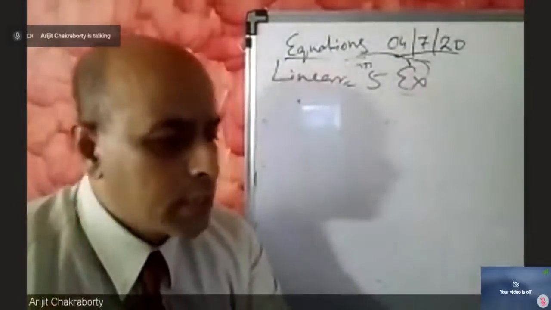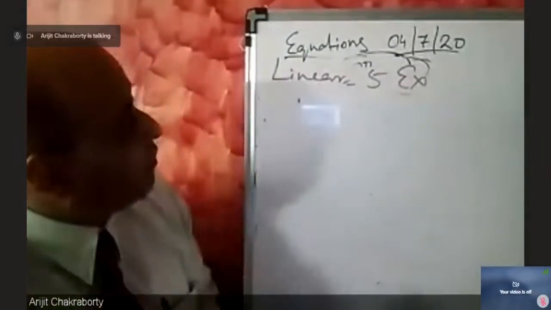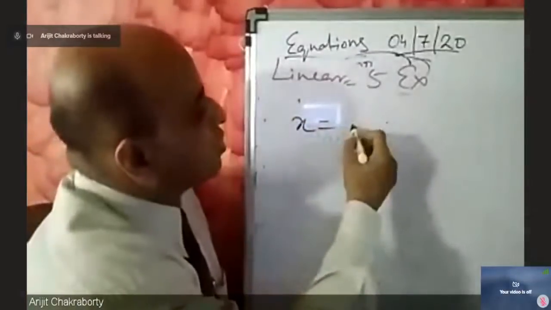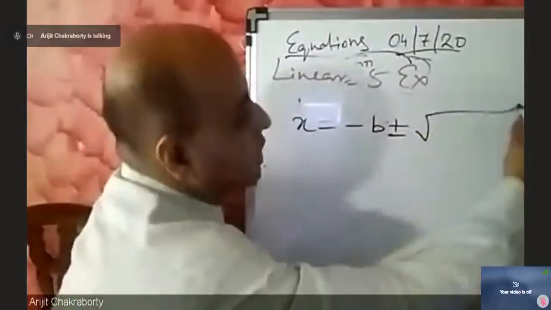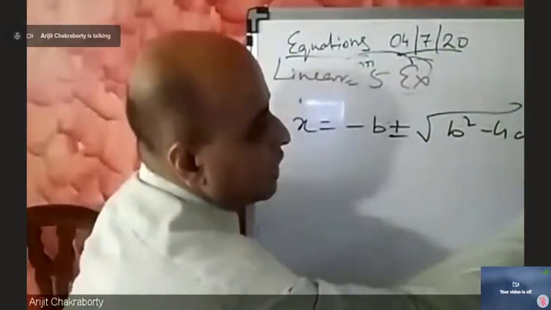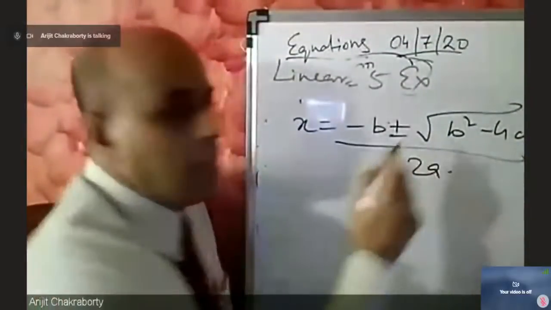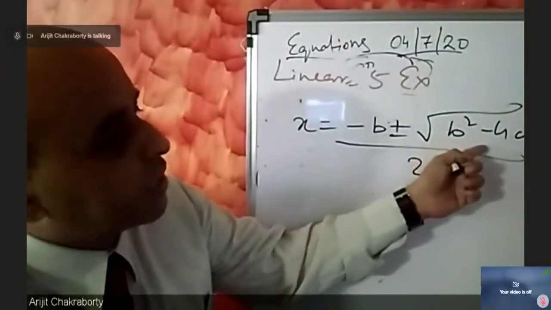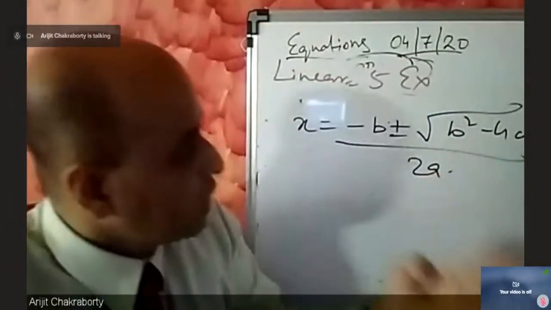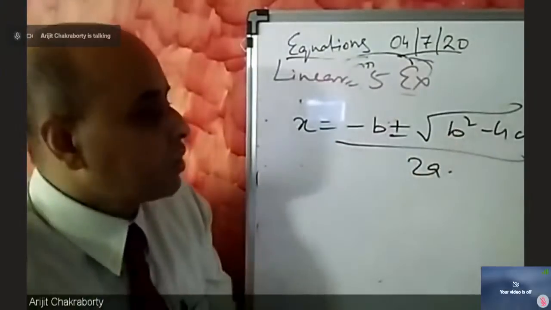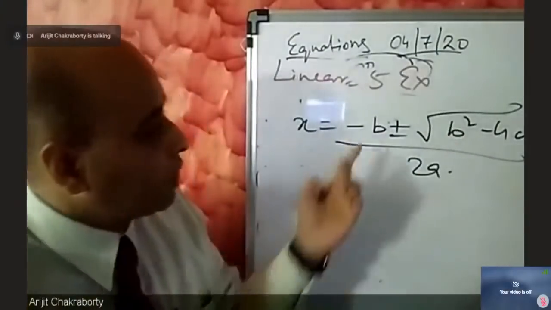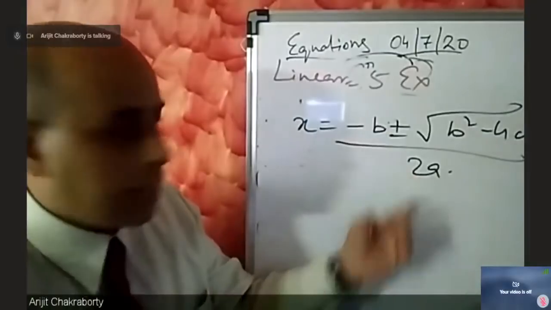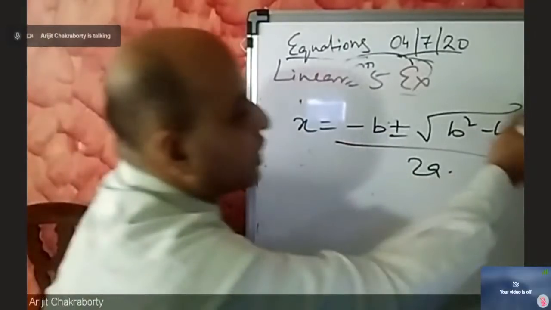One point is, please remember, we were writing x is equal to minus b plus minus square root of b square minus 4ac by 2a. A small point is, what happens if b square minus 4ac is 0? If it is 0, then what will happen? The roots will be real and equal, because it will become minus b by 2a. This part will vanish.